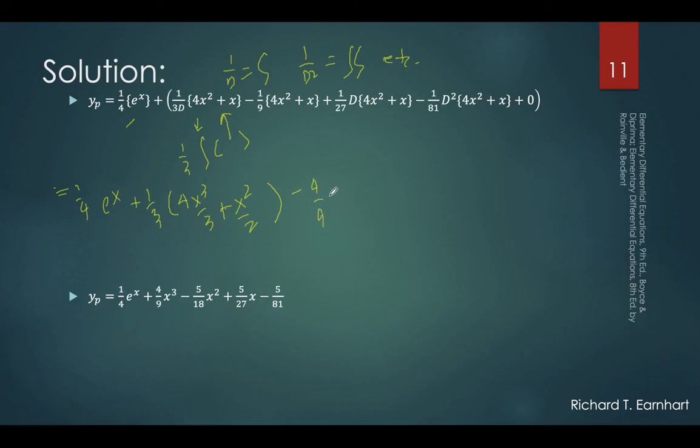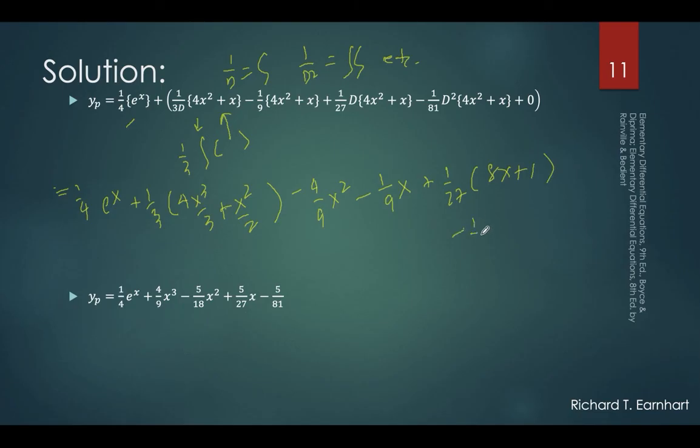And then since this is a constant, we just multiply. So negative 4 over 9 and negative 1 over 9 x. This is the first derivative, so plus 1 over 27, and then the first derivative is 8x, and the derivative of x is 1.